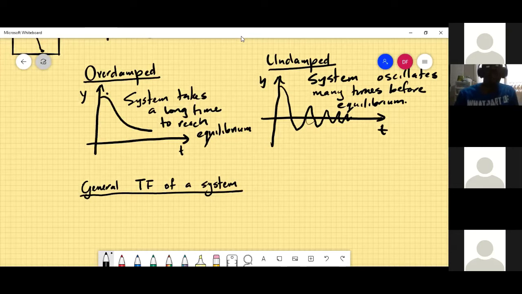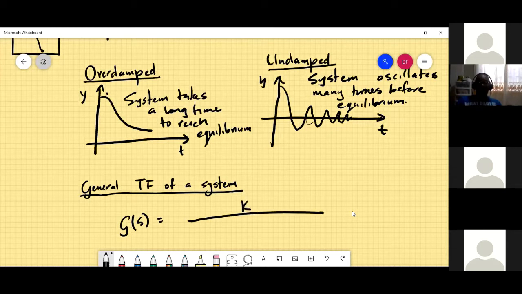All right. So now, the general transfer function for a system, which you're going to write down, is omega n squared over s squared plus 2 zeta omega n s plus omega n squared.